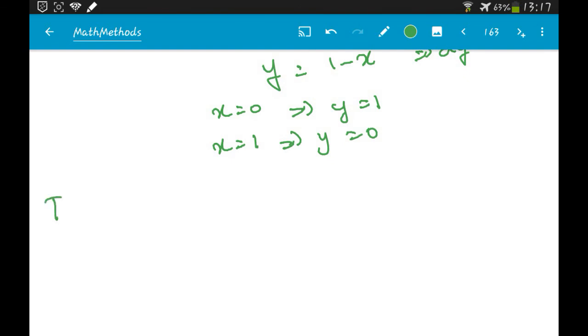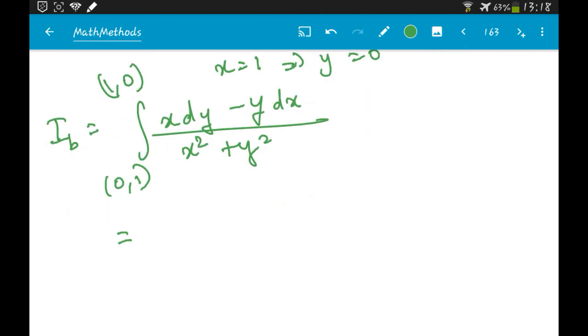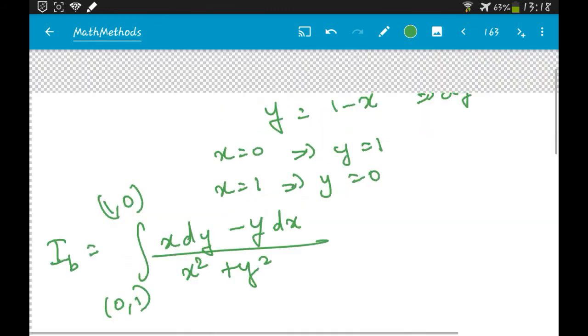Okay, so let's put it. IB is the integral of x dy minus y dx by x square plus y square, and the path is 0, 1 to 1, 0. So dy is minus dx, right?